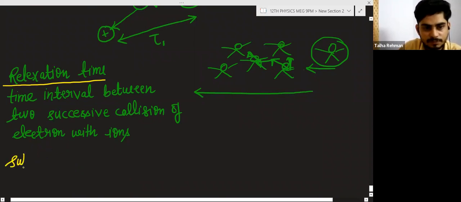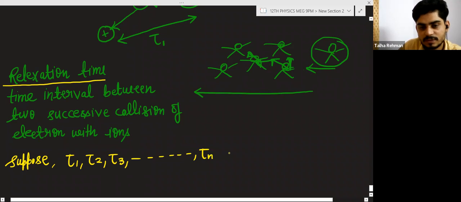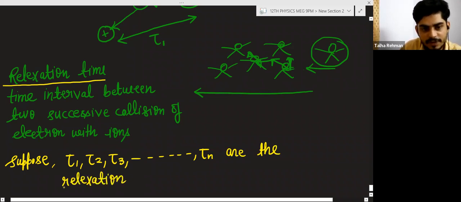Suppose tau 1 is the relaxation time for electron 1, then tau 2, tau 3, and there are n number of electrons, so these are the relaxation times for the electrons.